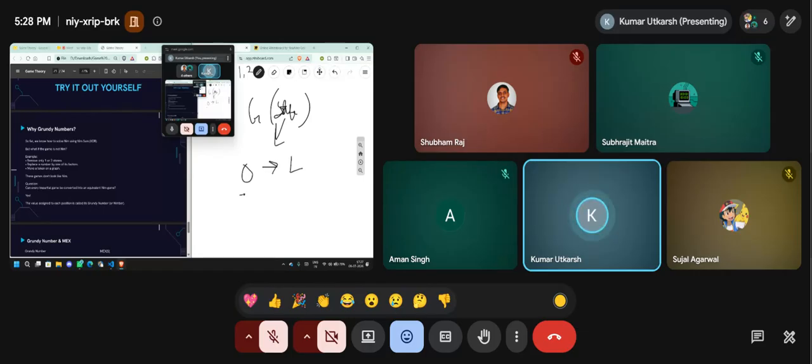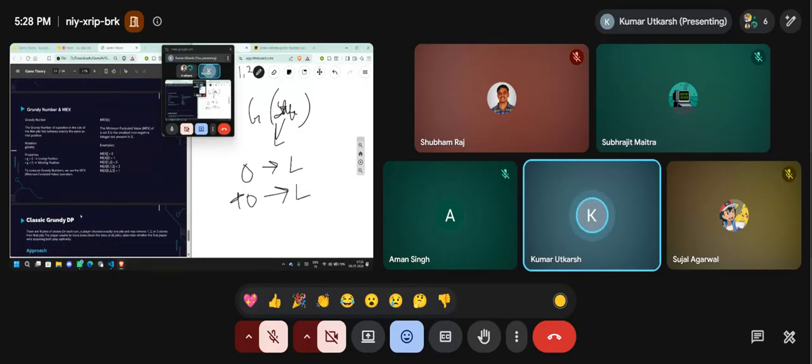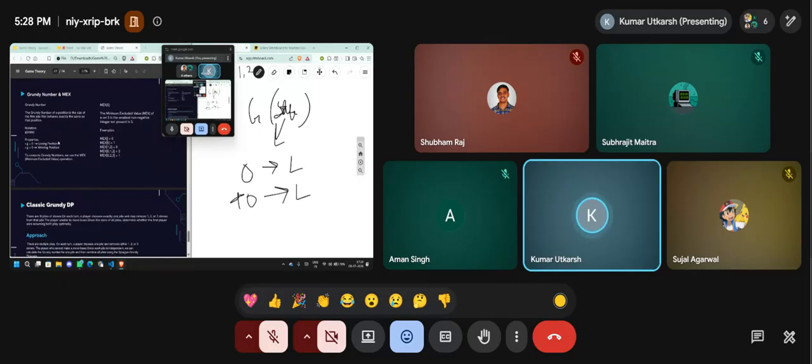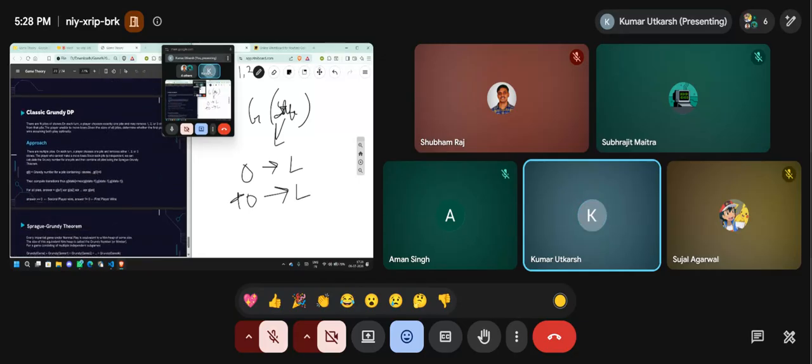If it's non-zero, then it's not a losing state. Let's discuss a question, and we'll get to know Grundy and the Grundy theorem using this. Now we already know what MEX is. Now see how the Grundy number is formed.